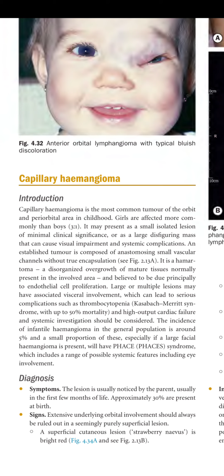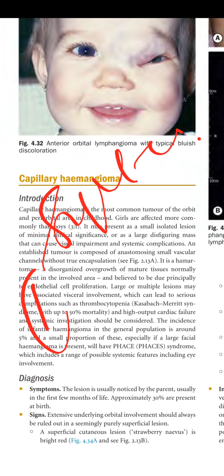The incidence of infantile hemangioma in the general population is around 5%, and a proportion of these, especially if a large facial hemangioma is present, will have PHACES syndrome, which includes a range of possible systemic features including eye involvement. So there is certain systemic involvement of the capillary hemangioma. One is Kasabach-Merritt syndrome.